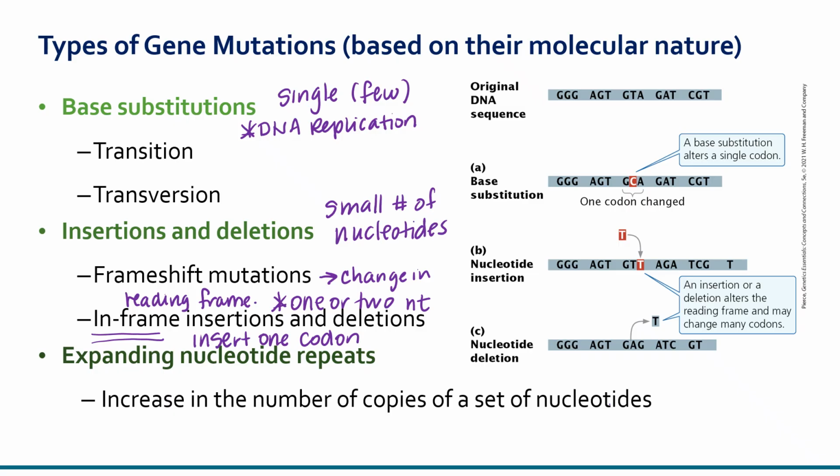This is an increase in the number of copies of a small set of nucleotides. So this is just a few nucleotides. So it might be a repeat GC, GC, GC, etc. And maybe during the next round of replication, we get a little bit of trouble. And instead of having 5 repeats, maybe we increase it to 7 repeats.